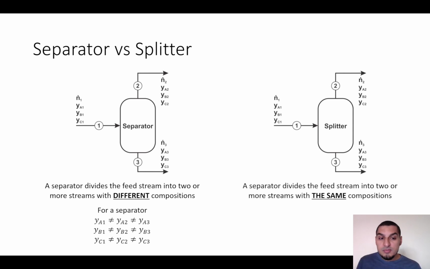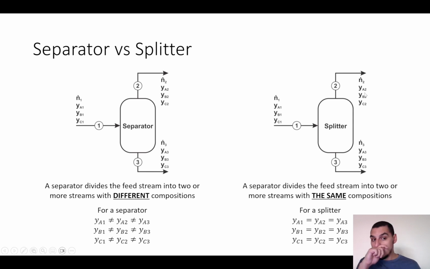So if we have a splitter, then by definition, the mole fraction of A in stream 1 is equal to the mole fraction of A in stream 2 and stream 3. The same for B and the same for C. So this is the main function of the splitter, is to just split the flow. It has no contribution to changing the compositions.